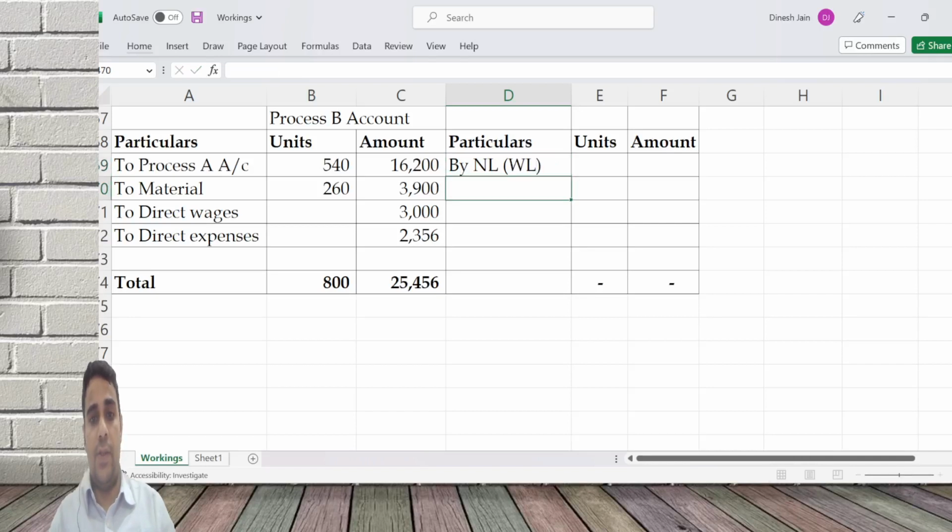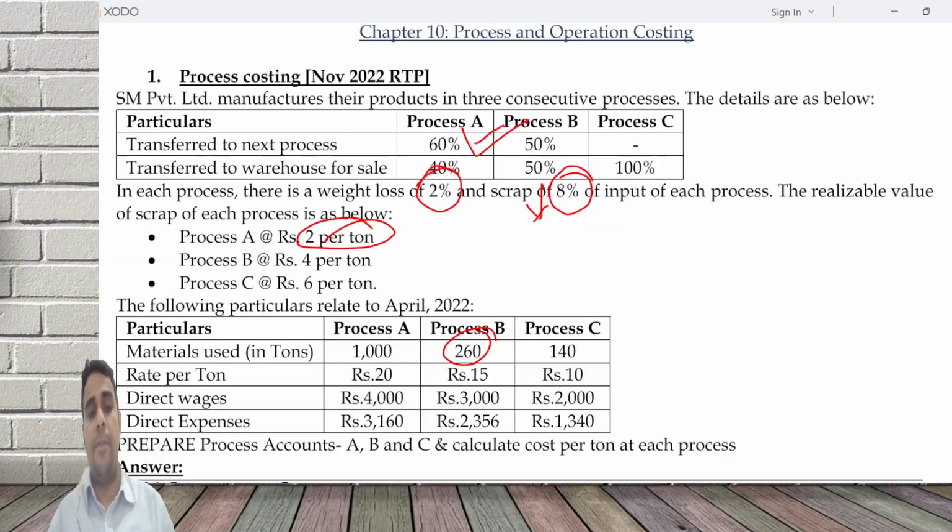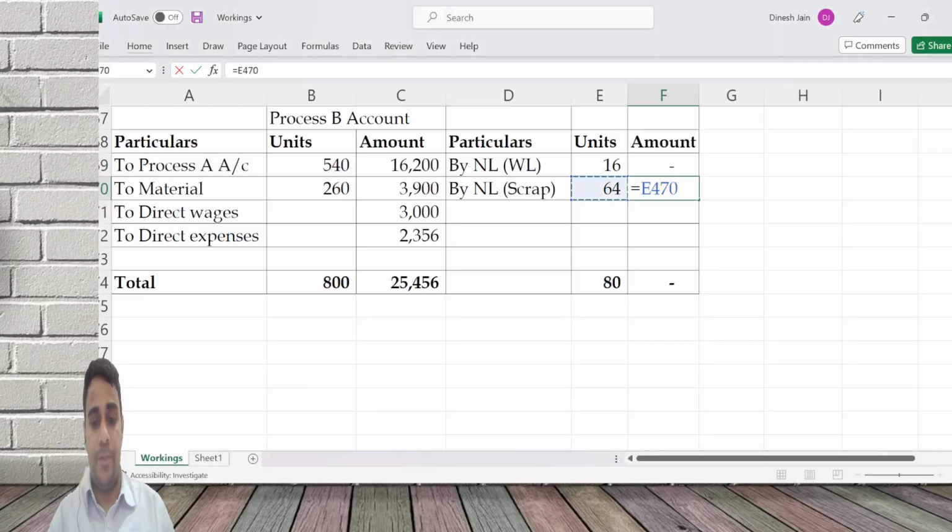Normal loss, weight loss. Normal loss, scrap. Same calculation. Beyond this, it's very simple. Weight loss and scrap.